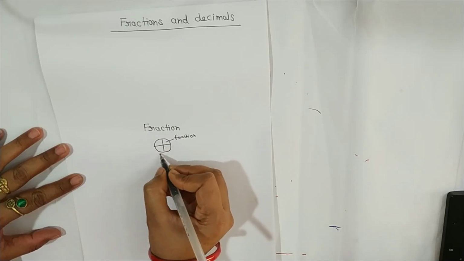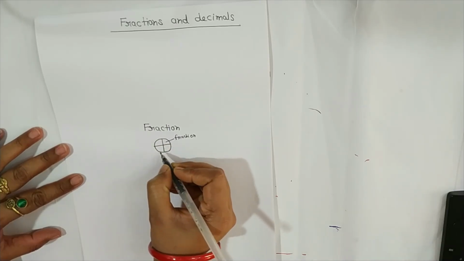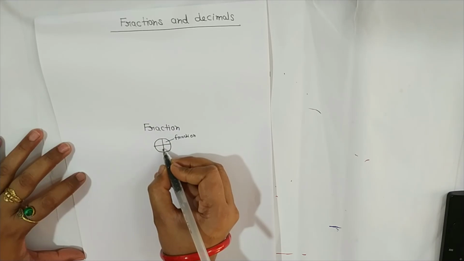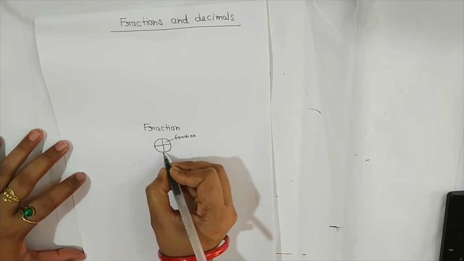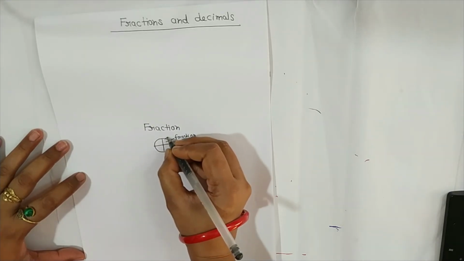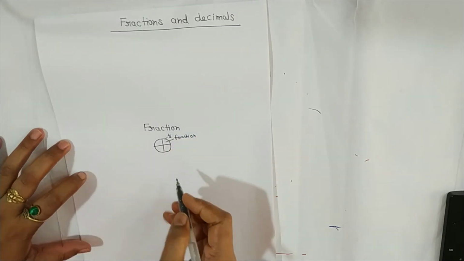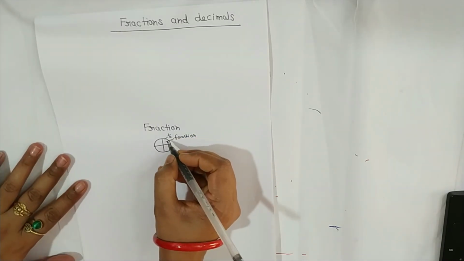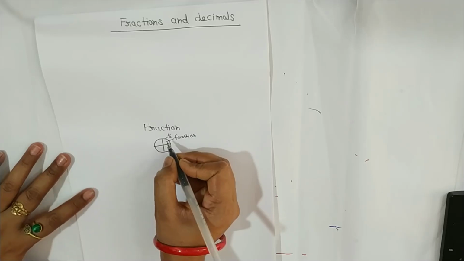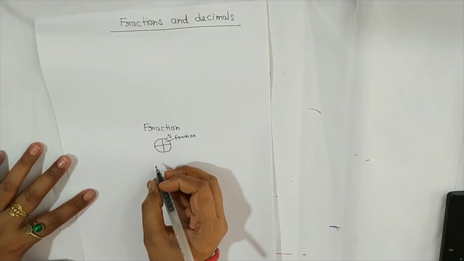Okay, suppose this is a whole, that is a circle, and we are dividing it into 4 equal parts. So one part will be called 1/4 part. So this is the fraction. Now there are different ways of writing a fraction.